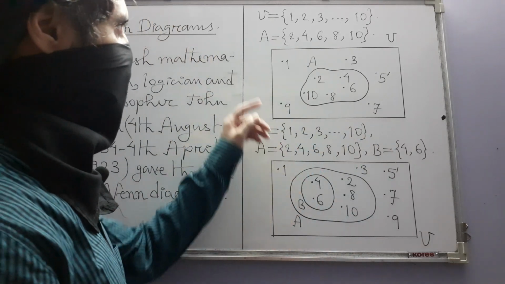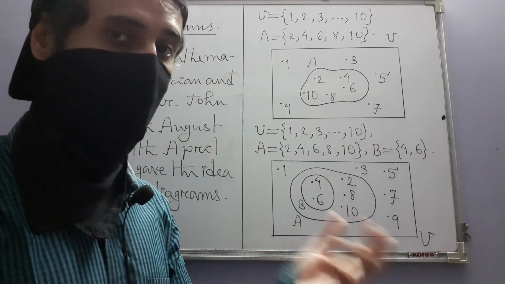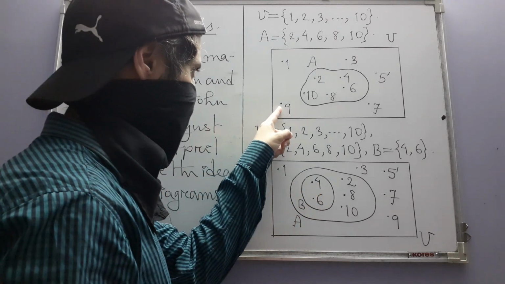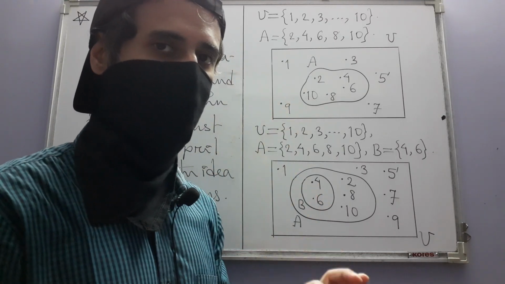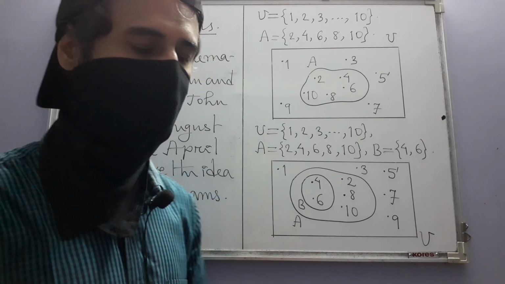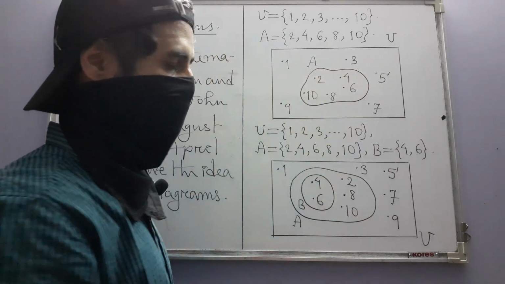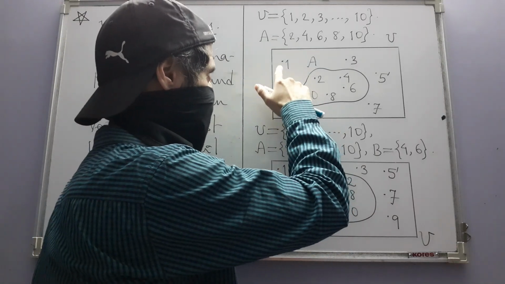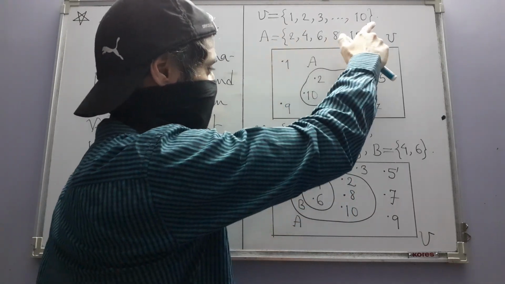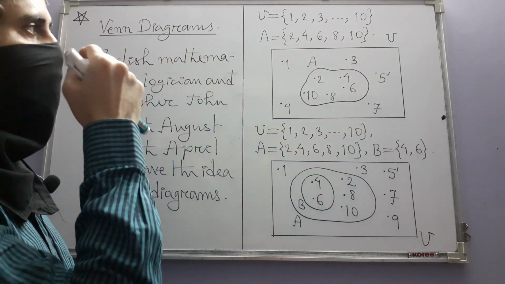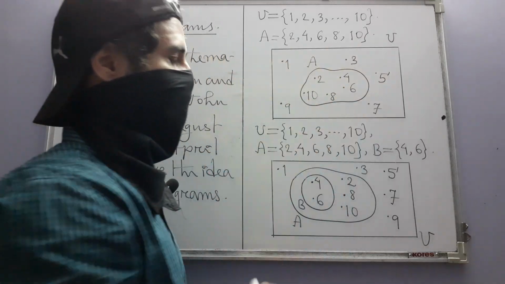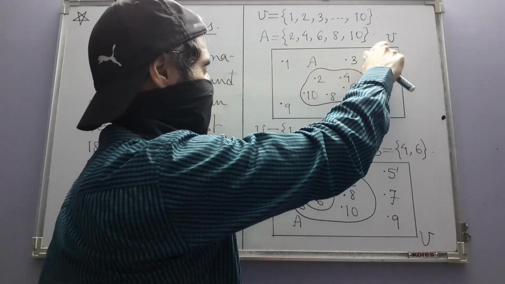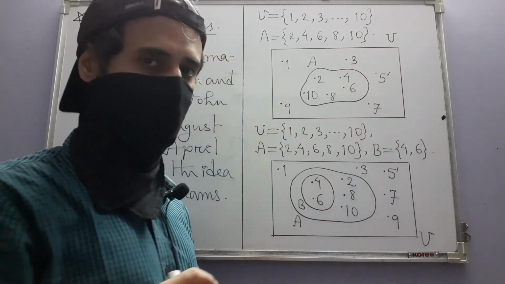And how do you represent the elements geometrically, pictorially? By drawing dots, one dot for each element within that region which is representing that set. So each dot representing these elements in U are to be drawn inside this rectangle, not outside, also not on the actual rectangle itself.